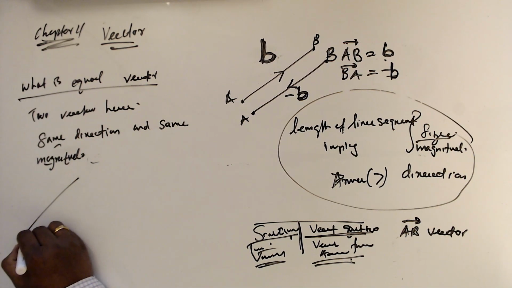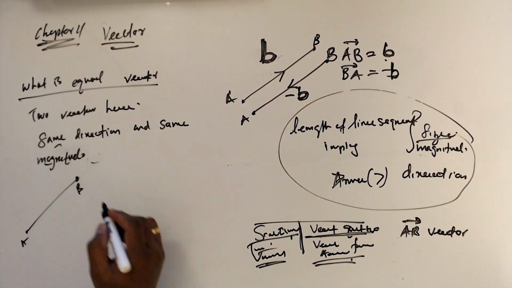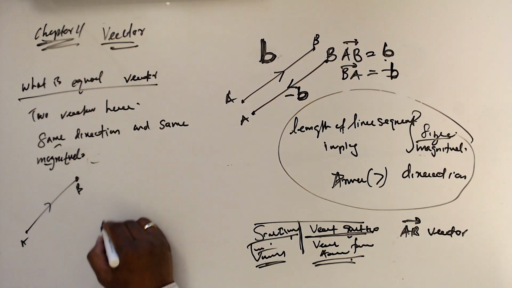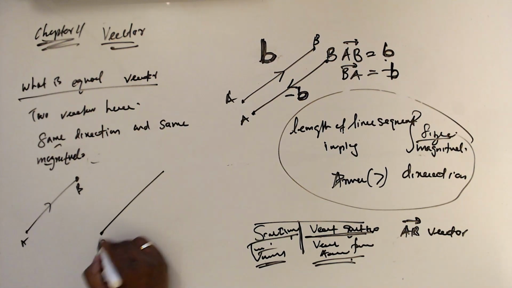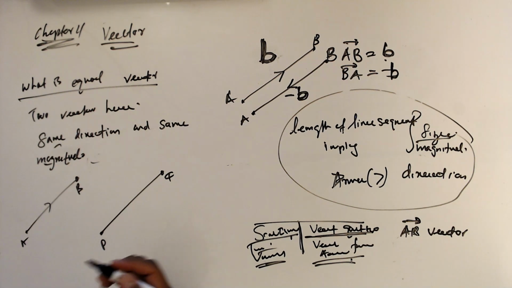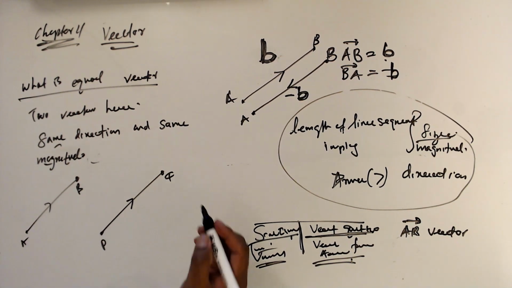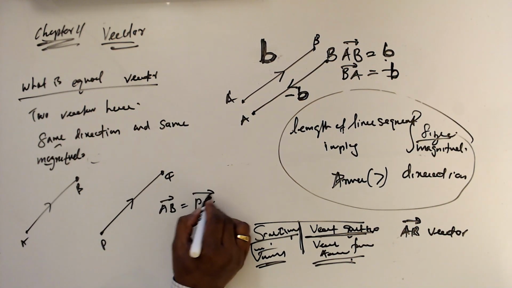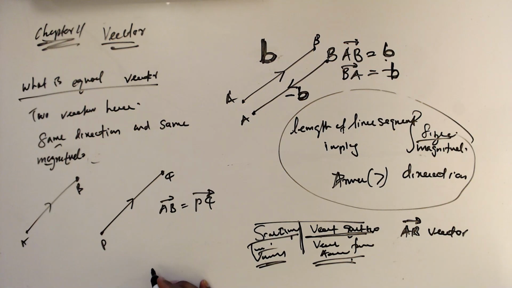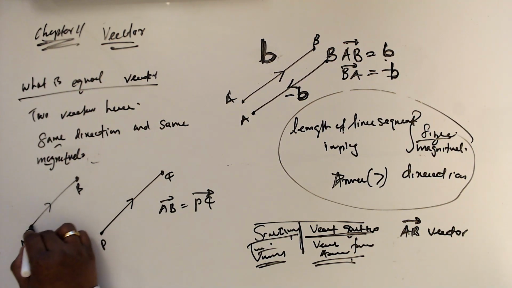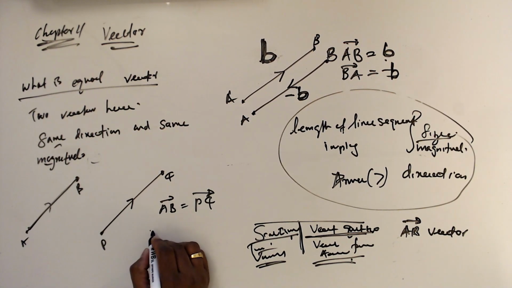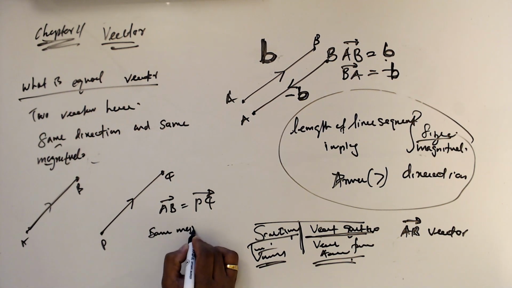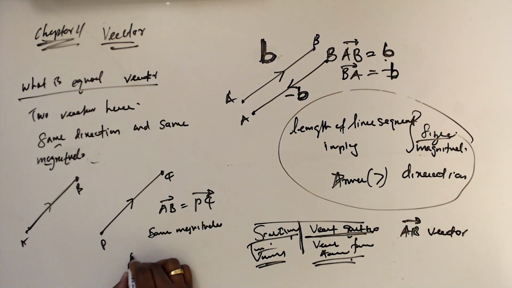Assume that AB and another vector PQ. If I tell AB and PQ are equal, what is the meaning of that? The meaning of that, the size, the same magnitude and same direction.